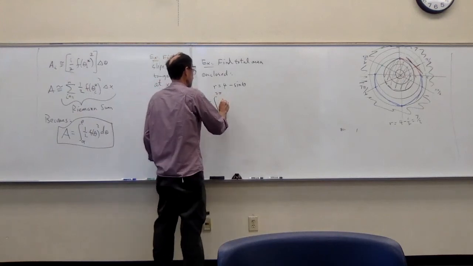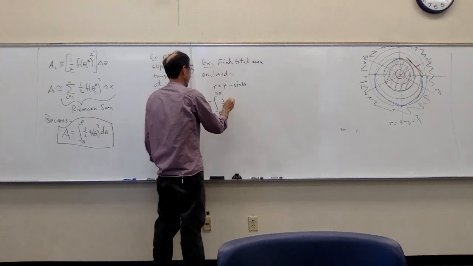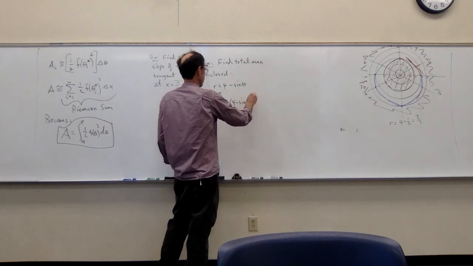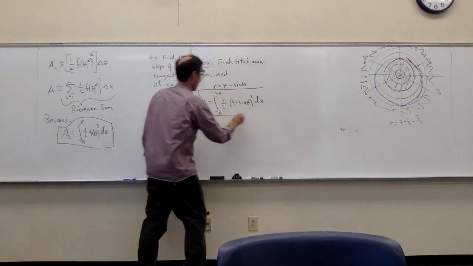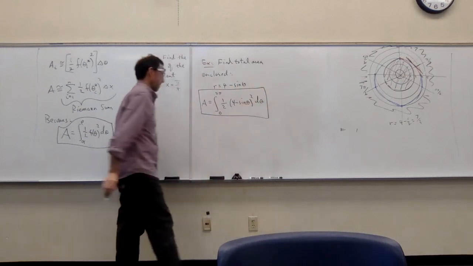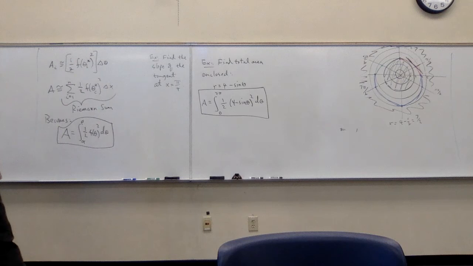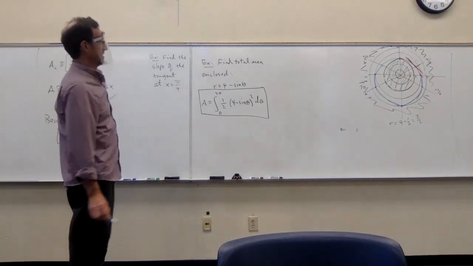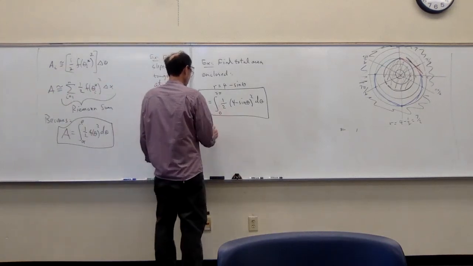And then our formula, we have a 1/2 which comes along for the ride, and then we take our function and we square it. Take the 1/2 out.